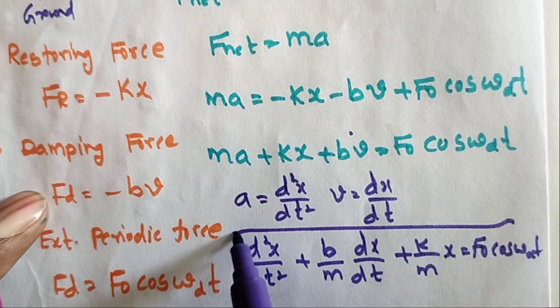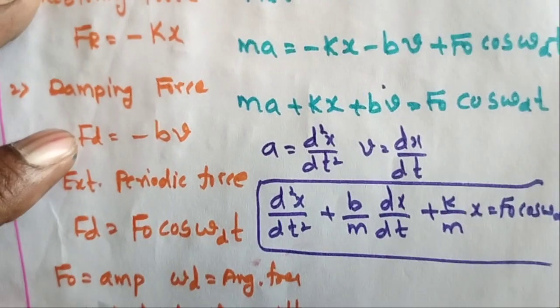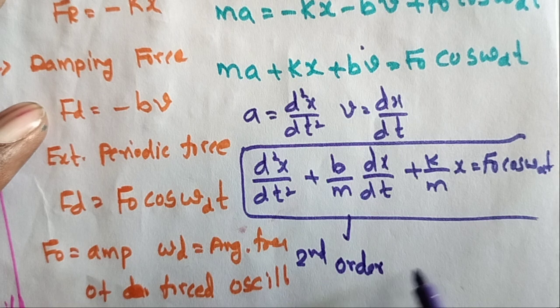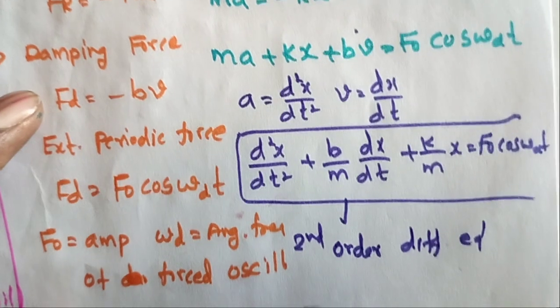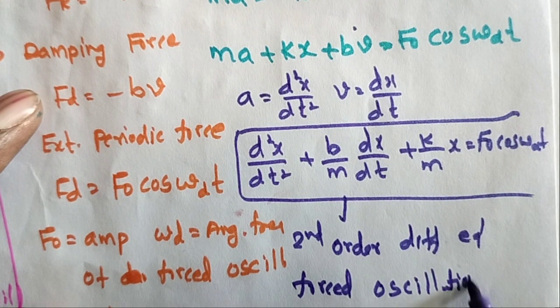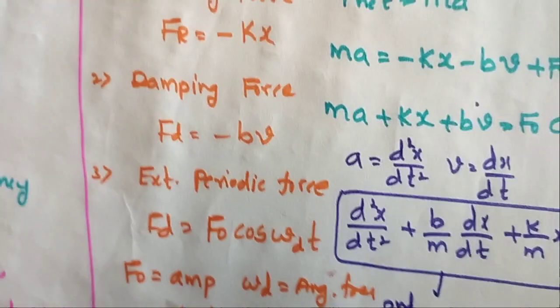So this equation is called the second order differential equation of forced oscillation.